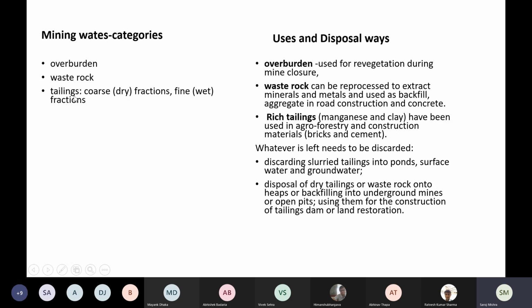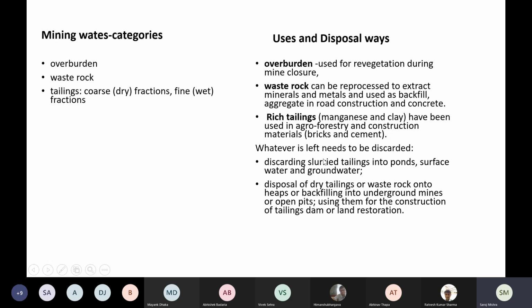And then you have the tailings. So rich tailings like manganese and clay can be used in agriculture, for example, if you are mining manganese. This manganese is a very important nutrient for the plants also. Then it can be used in agroforestry, because it can go for enrichment of manganese in the soil, or it can go for construction material like bricks and cement.